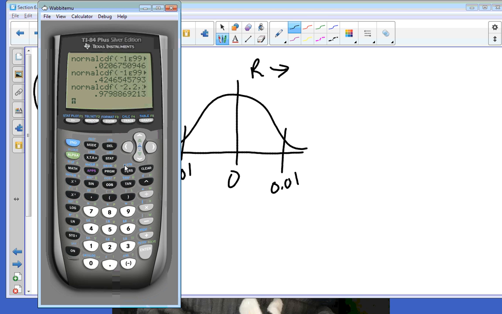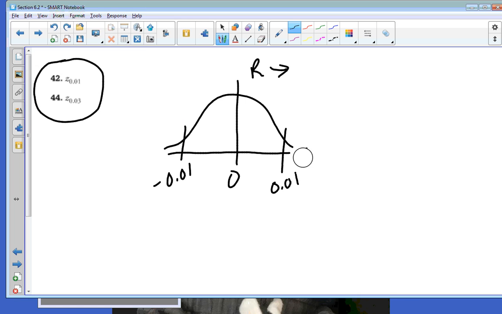So second distribution, and I'm going to do the inverse norm because now I have the area. I'm looking for the z-score. This is another important reason to remember that z-scores are only 2 digits. Area is 4. Do not get them confused. So I'm looking for the area right here or right here.